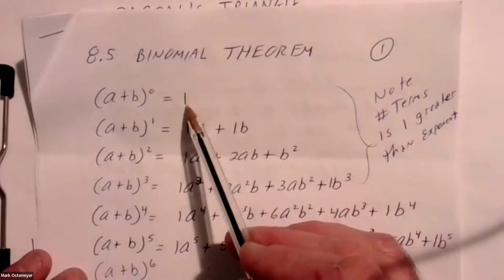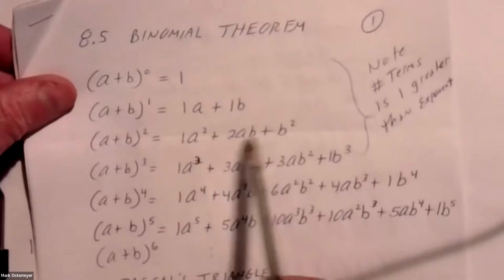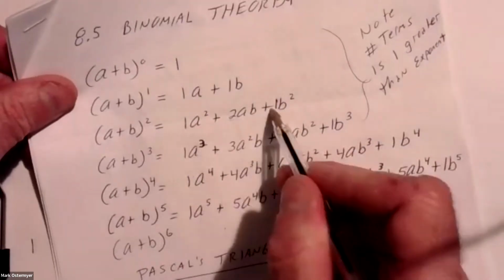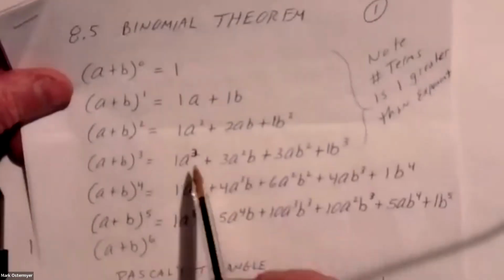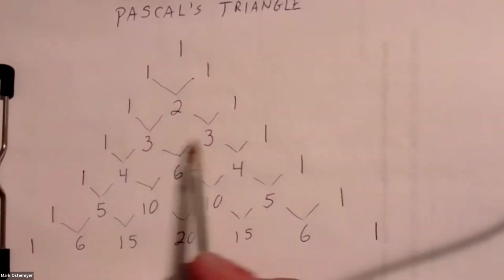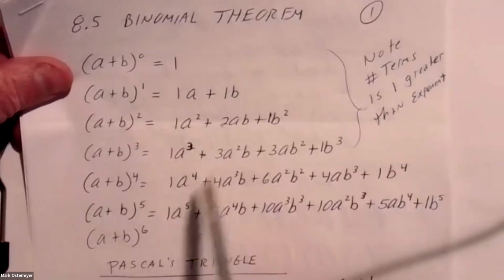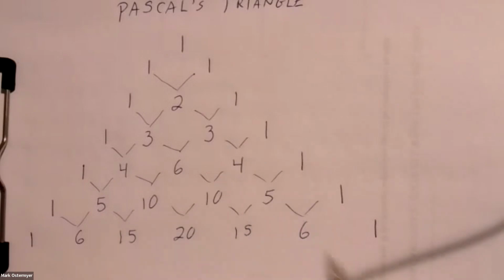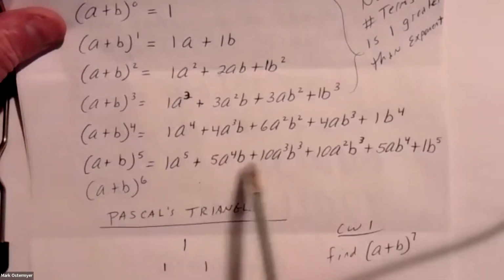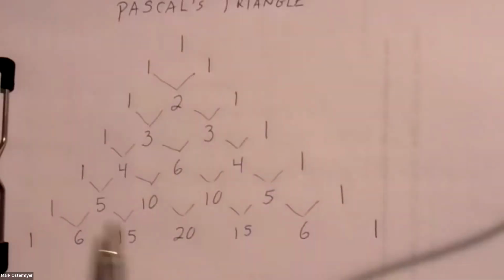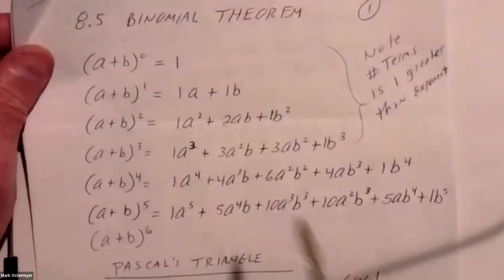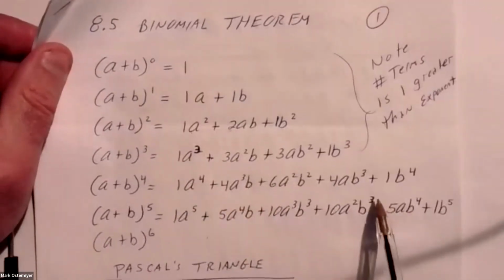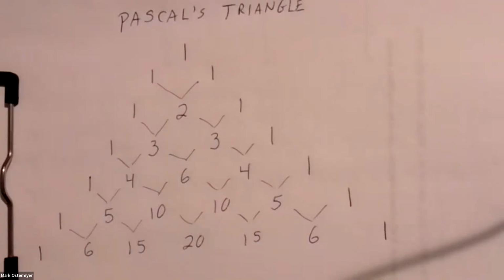We have 1, 1, 1, then 1, 2, 1, then 1, 3, 3, 1, then 1, 4, 6, 4, 1, then 1, 5, 10, 10, 5, 1. So you can see there is an innate relationship between these coefficients of the binomial expansion terms and Pascal's triangle.